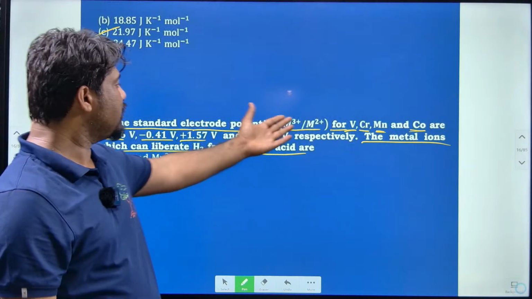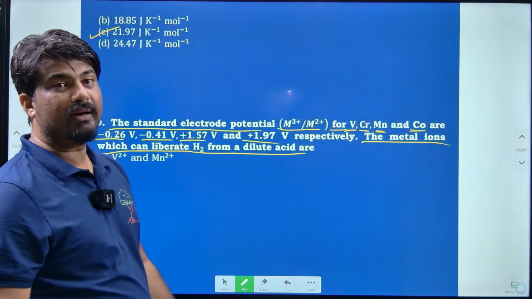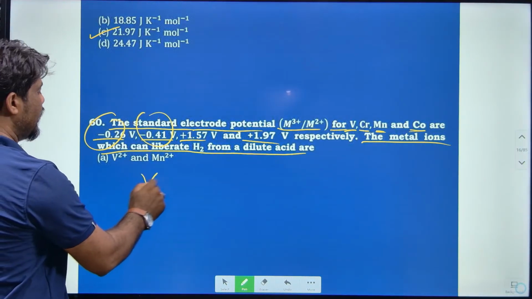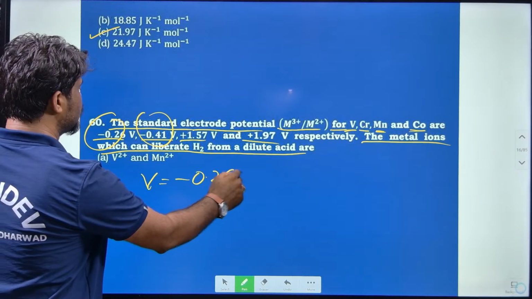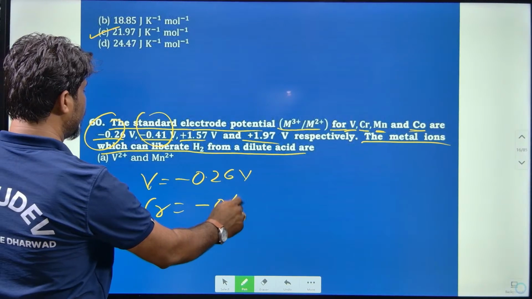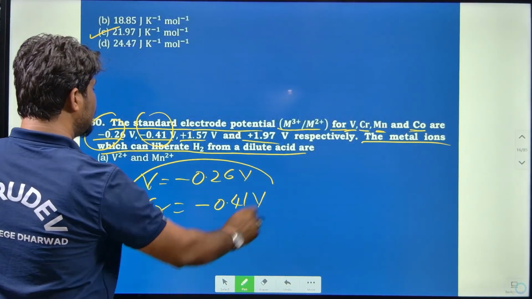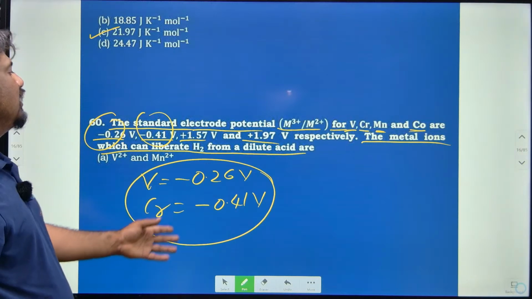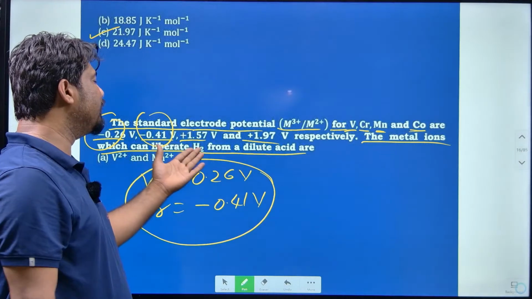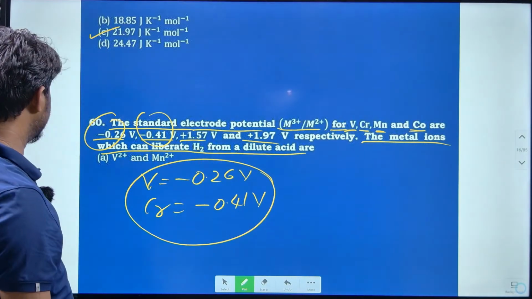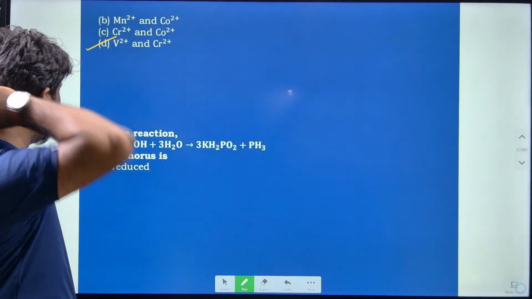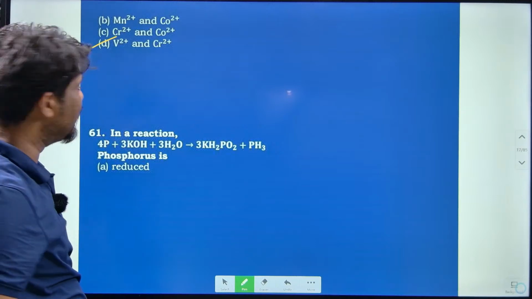Among these four metals, which have negative electrode potential? Vanadium shows minus 0.26 volts and chromium shows minus 0.41 volts. These elements having negative standard electrode potential easily liberate hydrogen from dilute acids. Hence the right answer is D, that is V plus 2 and chromium plus 2.